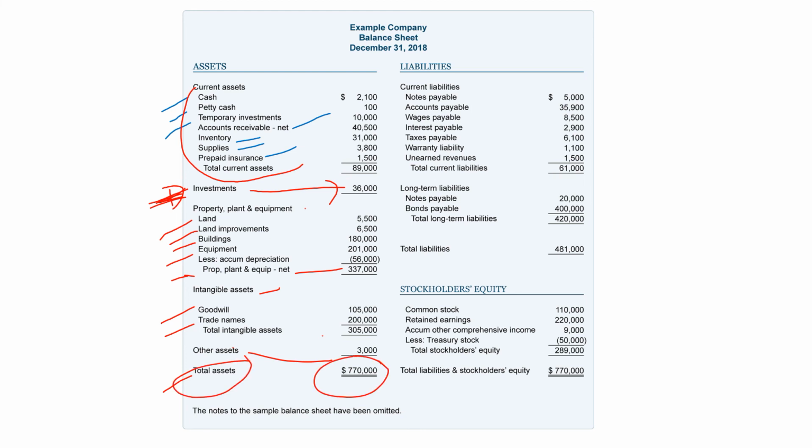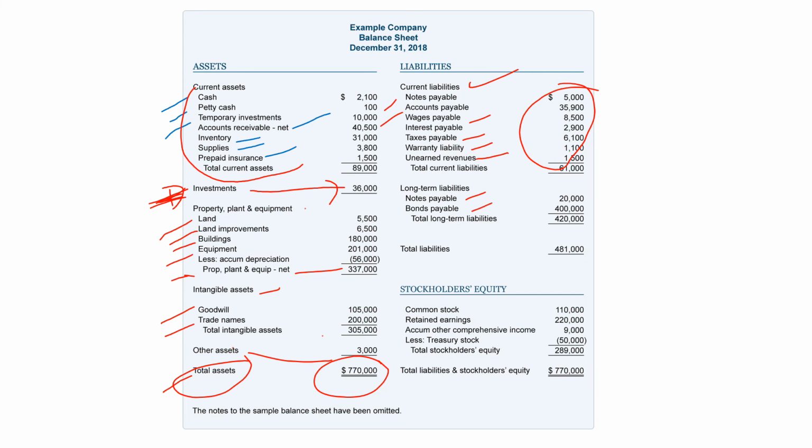And then under the head liabilities we have current liabilities. You can see notes payable, accounts payable, wages payable, interest payable, taxes payable, warranty liability, and unearned revenue. These are the current liabilities we have. Then long-term liabilities we have notes payable, bonds payable.